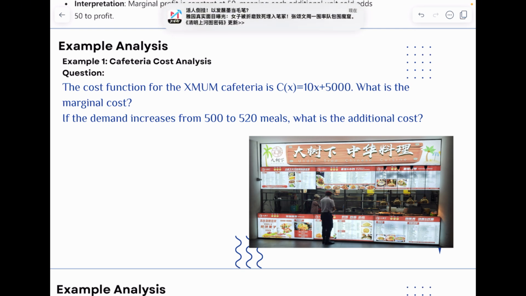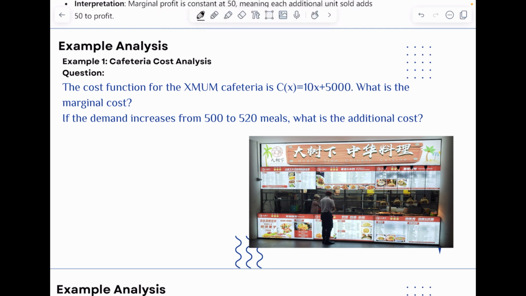For the first question, C(x) equals 10x plus 5,000 for the cost function of the XMUM cafeteria. And we will find the marginal cost.